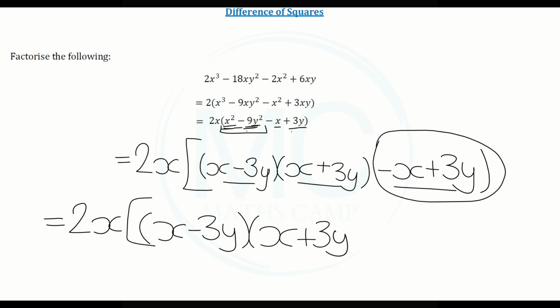Now remember that when you have a bracket and you divide the terms inside by a negative value, the operations within the brackets will change.